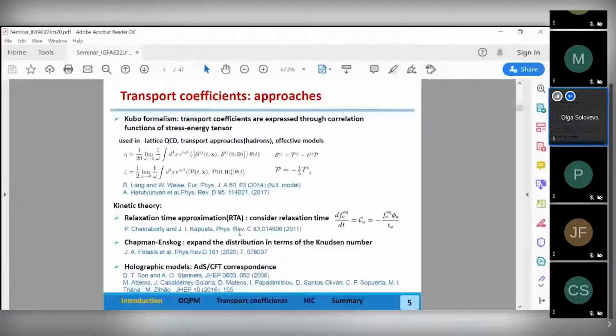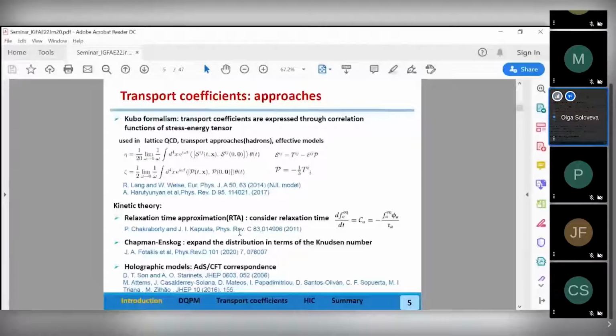And another very charming new technique is holographic models, AdS/CFT, which uses the AdS/CFT correspondence, where you can calculate observables in general relativity in anti-de Sitter space, and then using the duality, you can relate it to quantum field theory.